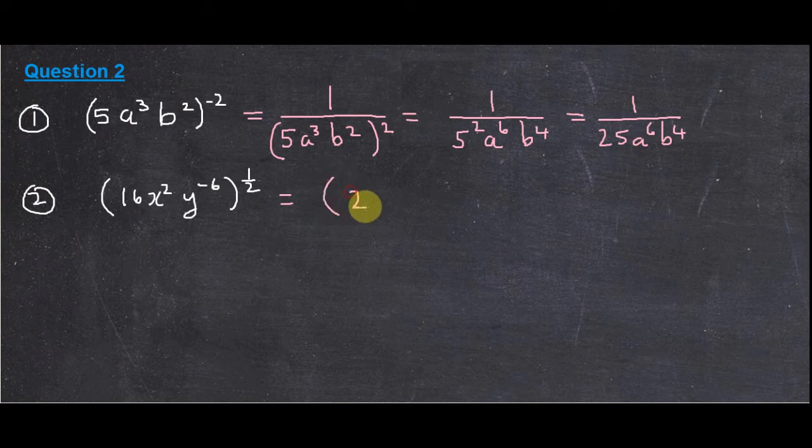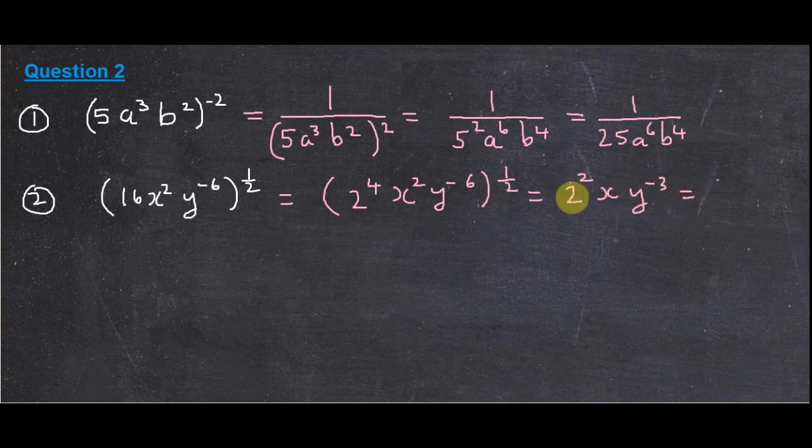So it's going to be 2 to the 4. Now we can multiply the powers. 4 times a half is 2. 2 times a half is 1. And negative 6 times a half is negative 3. 2 squared, of course, is 4. And we can take the y to the negative 3 into the denominator as y cubed.